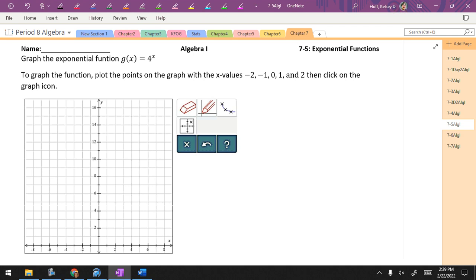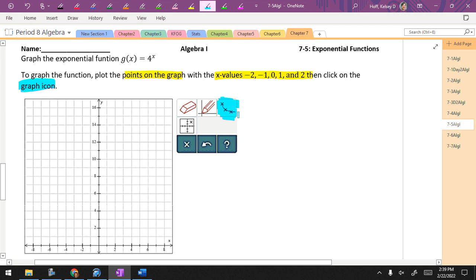Now we're going to graph them, which is why they have you practice even calculating it. And if you read carefully, it says graph the exponential function g of x equals 4 to the power of x. To graph the function, plot the points on a graph with these x values, then click the graph icon. The graph icon is this button right here.